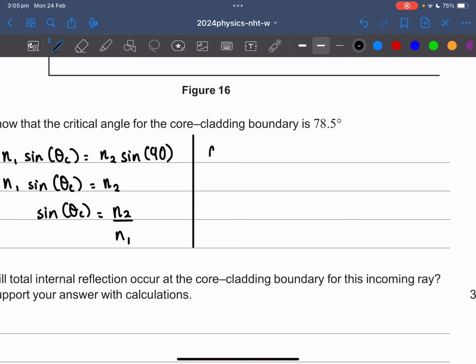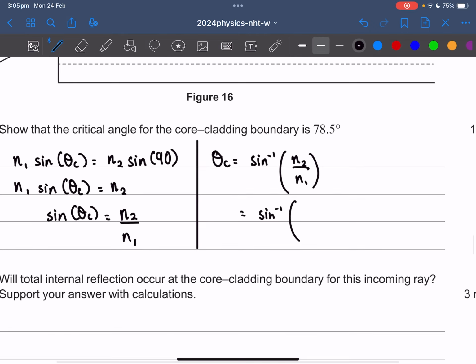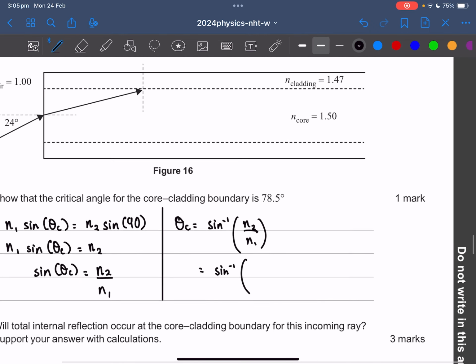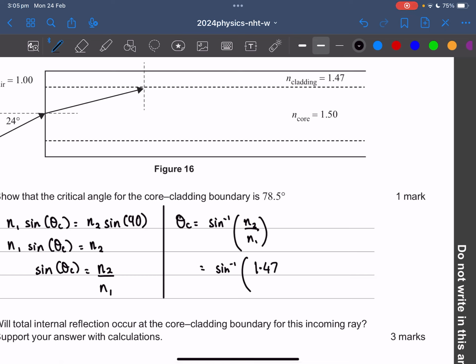Therefore, our critical angle equals sine inverse of n2 divided by n1, which equals sine inverse of 1.47 over 1.50. So our critical angle should be what we have to prove. Sine inverse of 1.47 divided by 1.5, yep, that is indeed 78.5 degrees.